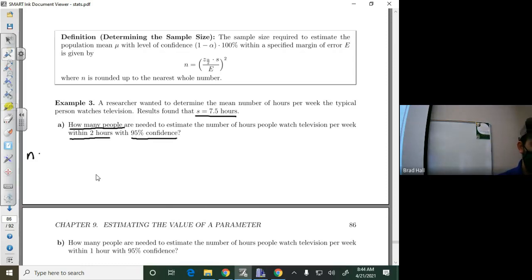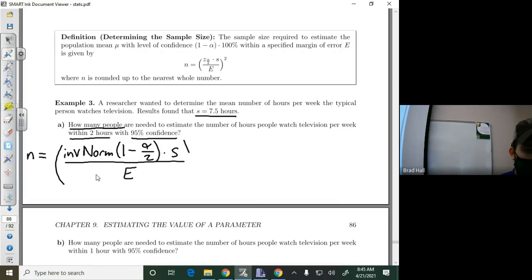So the formula we're using, now the z with the subscript of alpha over 2, I talked about this in class, we can use the inverse norm for this. But you have to use 1 minus alpha divided by 2. I talked about this in class for the last section. Anytime you see z with a subscript, times s divided by e, squared.